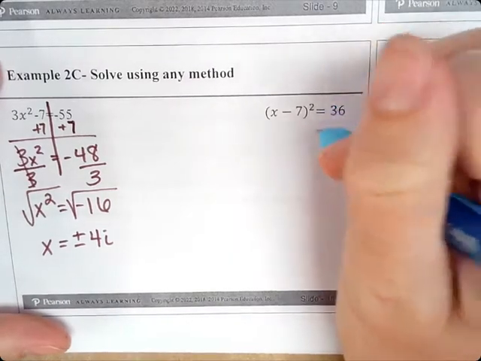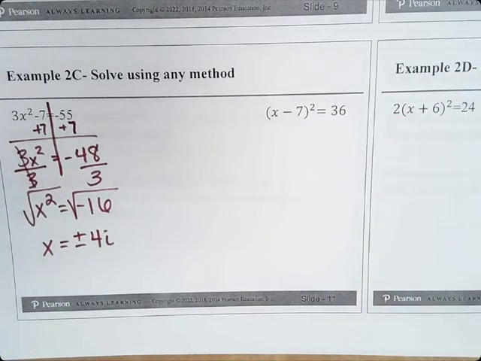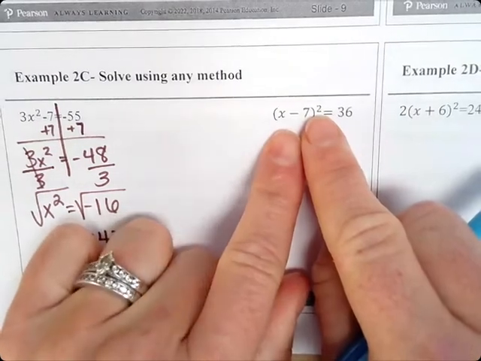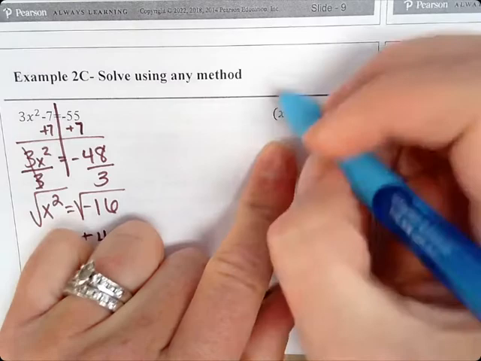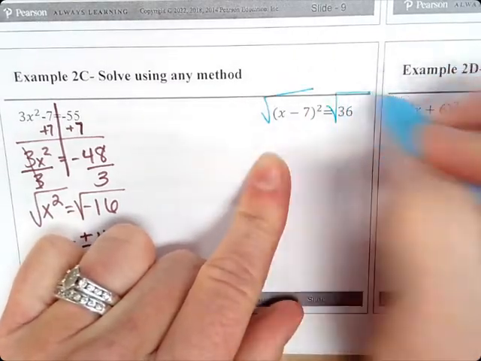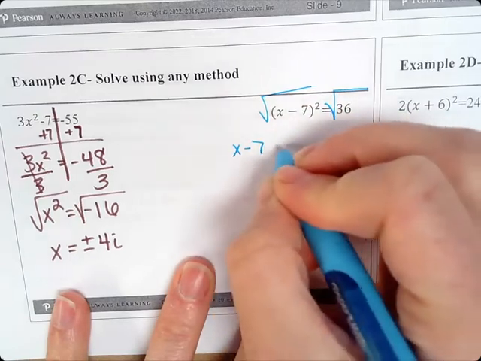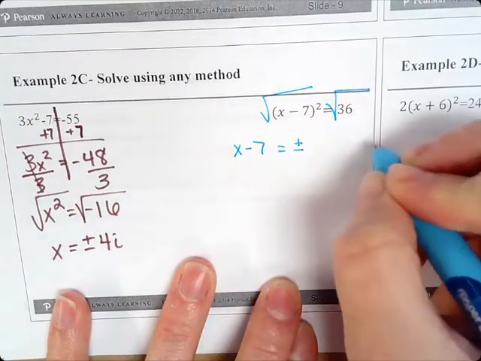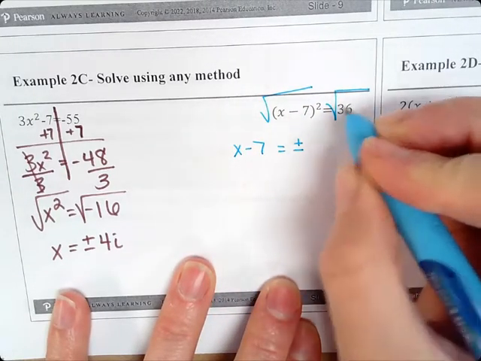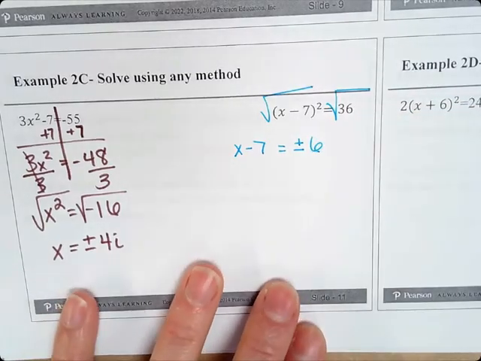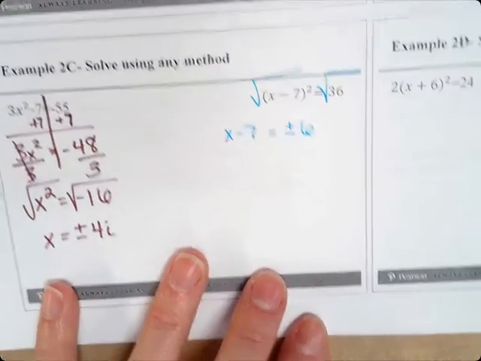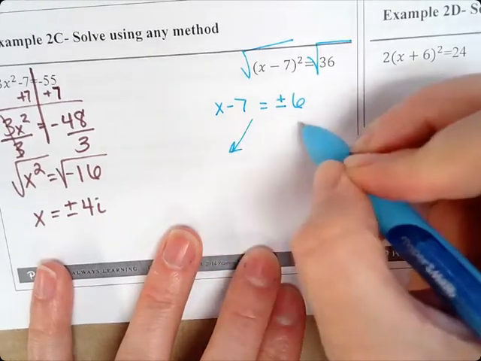This next one, we have x minus 7 squared equals 36. Well, this is a squared, so we need to undo the squared by taking the square root. So we get x minus 7 equals plus minus the square root of 36, which is 6. From this, we can write two different equations.